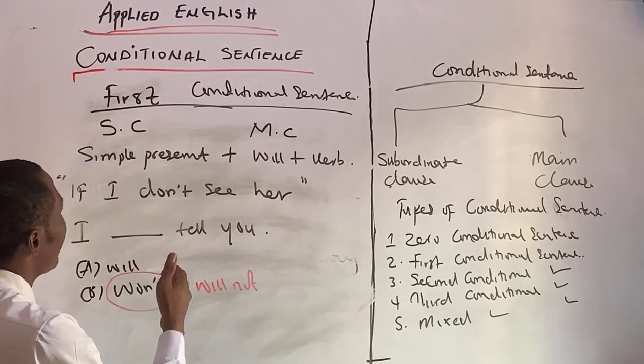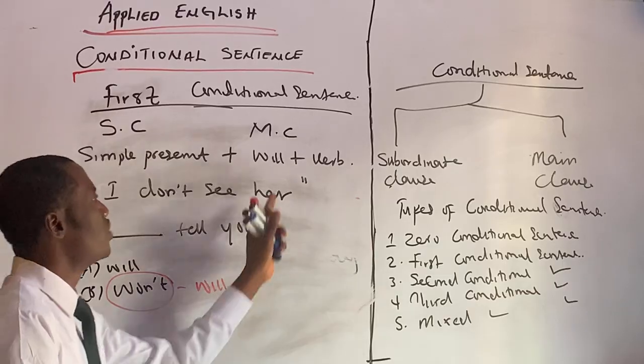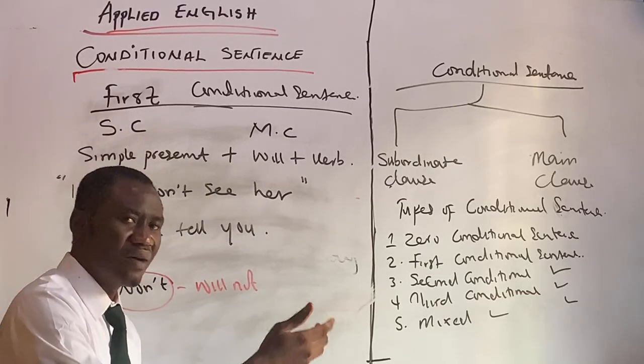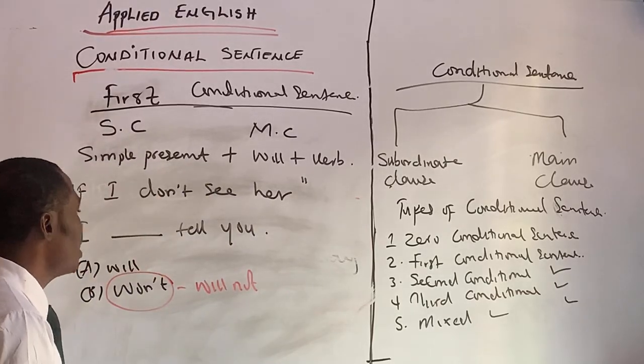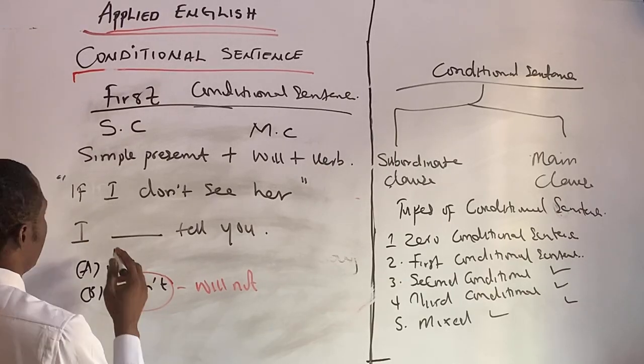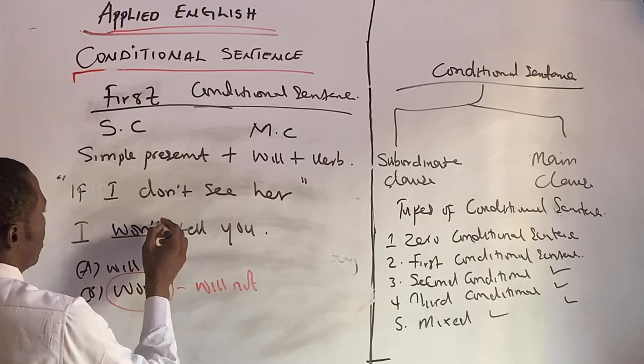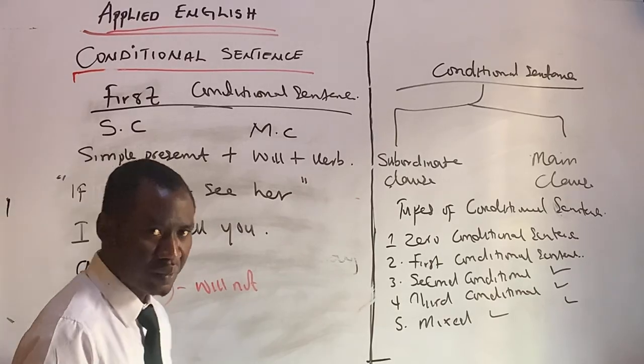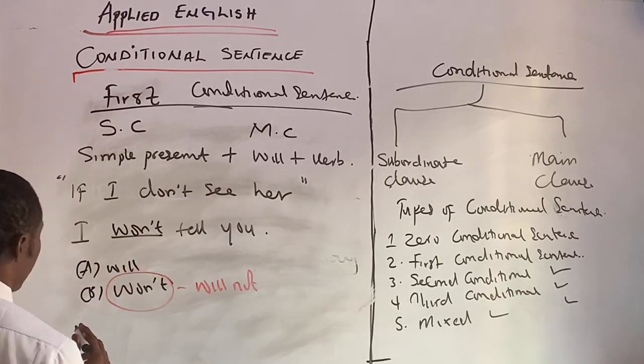Now, if I don't see her, it still follows the rule of will plus the verb, but at this time it will be won't or will not tell you. So let's put in the answer there. Won't tell you. Okay, you can answer this one now.